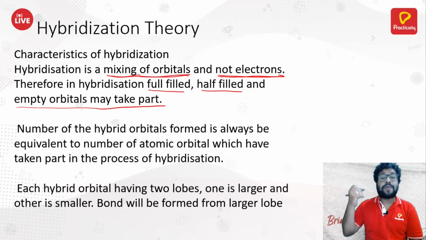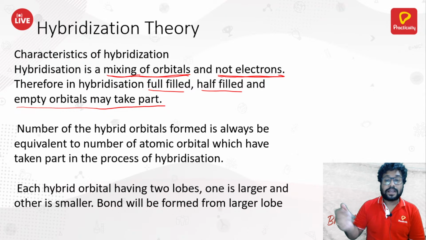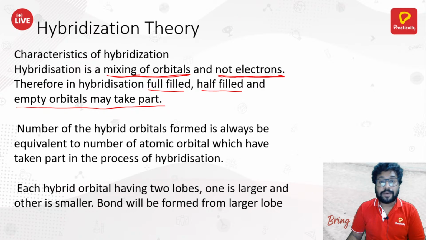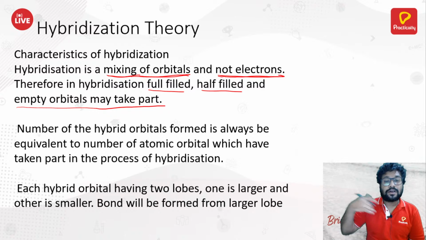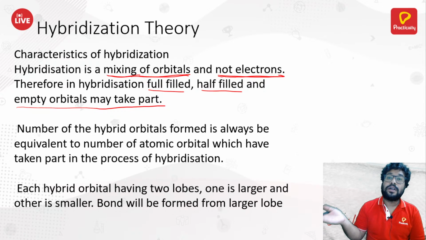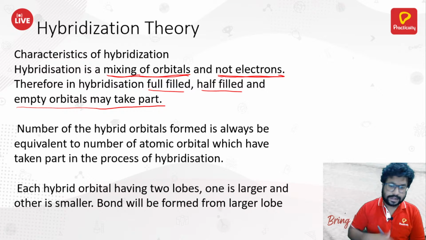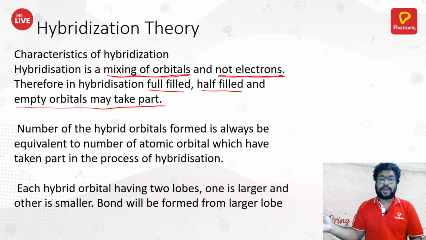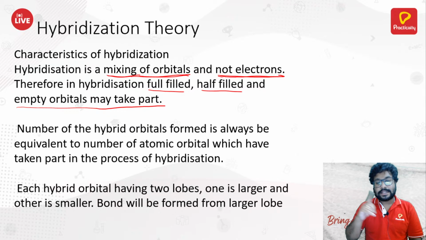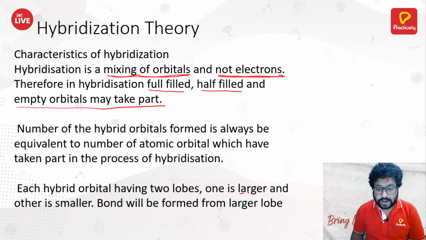Next, the number of hybrid orbitals formed is always equal to the number of atomic orbitals which have taken part in hybridization. This is the one point I told you earlier also. Next, each hybrid orbital has two lobes, one larger and the other smaller.